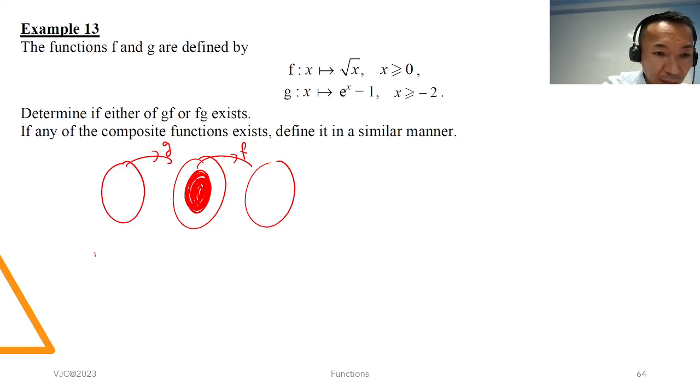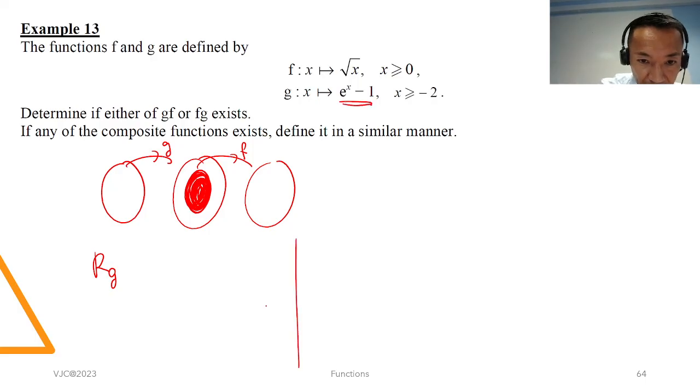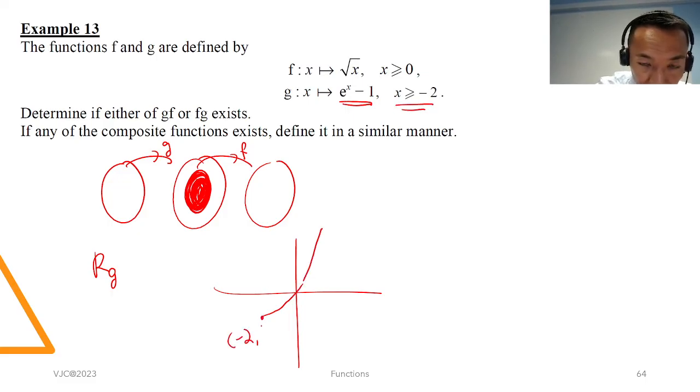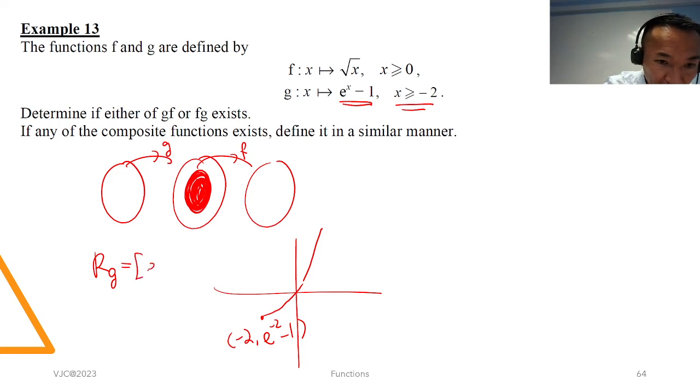In order to help us to find the range of g, you will sketch this graph, like that. And take note it's greater or equals to -2. There is a value, e^(-2) - 1. And by the graph, you will see that the range is e^(-2) - 1 to infinity.